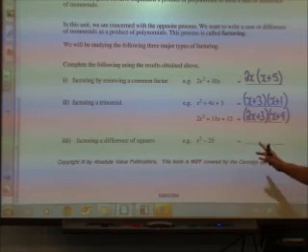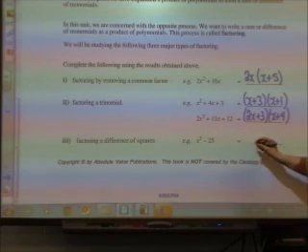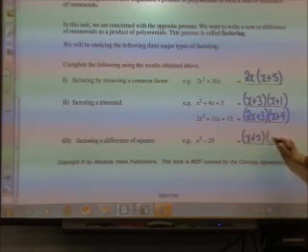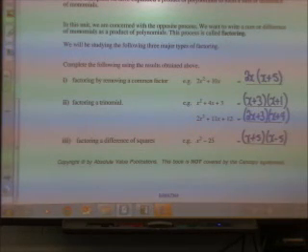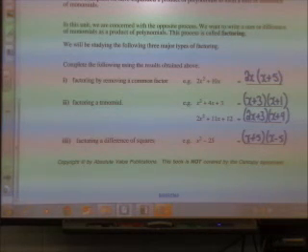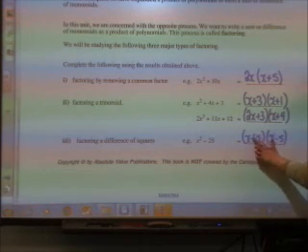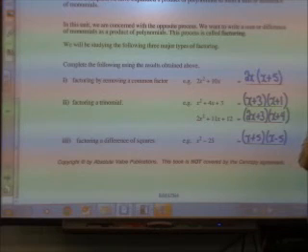And then factoring a difference of squares, we will be able to go from x squared minus 25 to x plus 5 and x minus 5. And it doesn't matter if I write it as x plus 5 times x minus 5 or x minus 5 times x plus 5. The order in which these two factors are written doesn't matter.